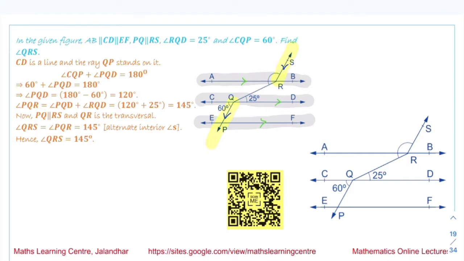Then we are given the angles. RQD is 25 degrees and this angle is 60 degrees. We have to calculate the value of the angle QRS.